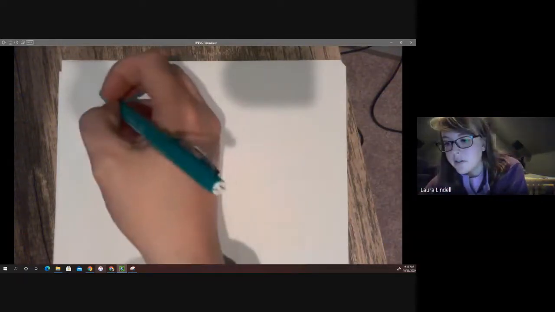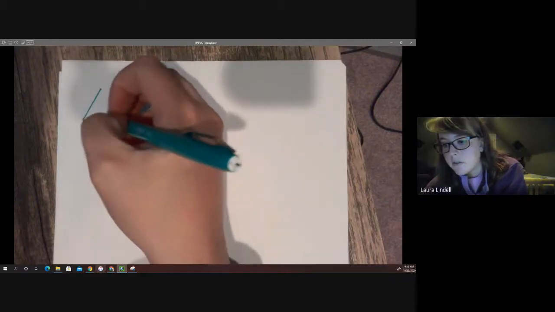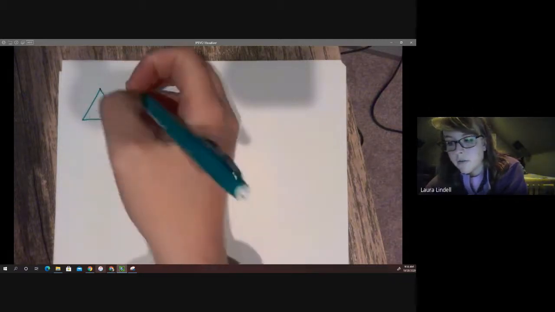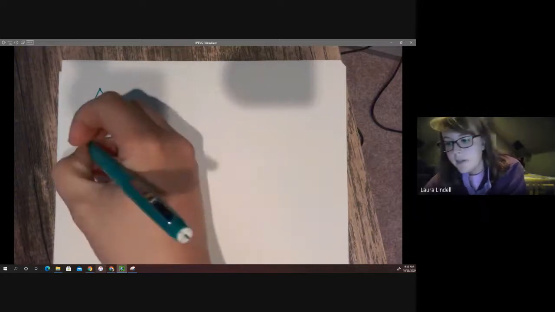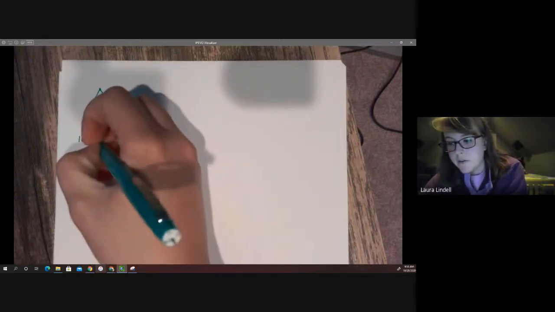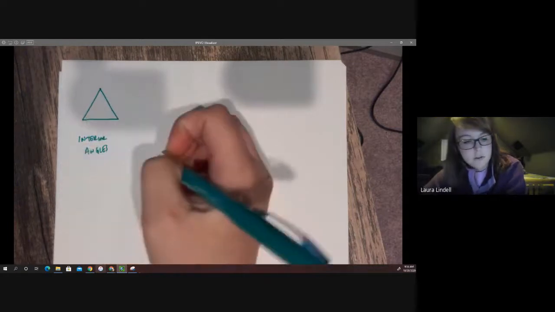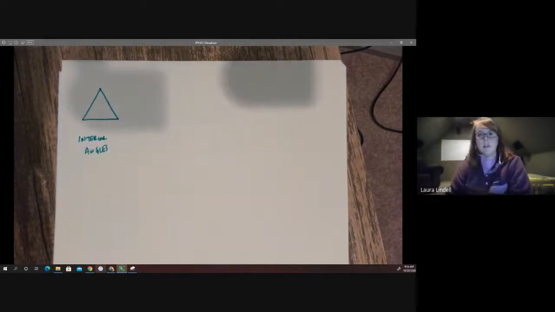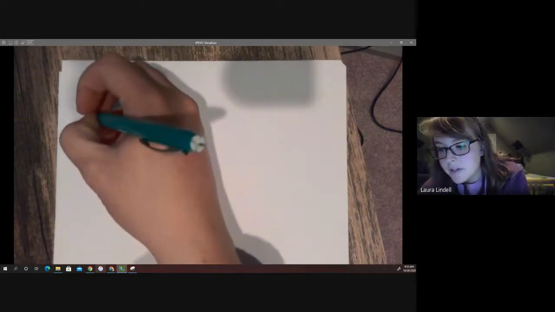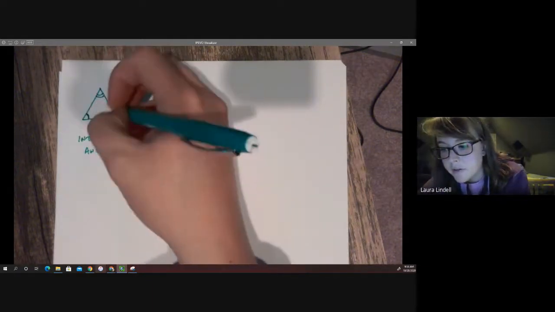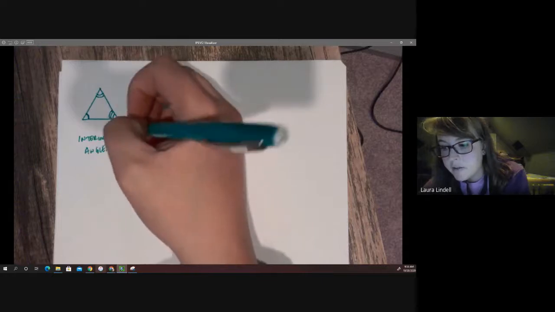So first, we're going to talk about interior angles, cleverly named. They are the angles that are inside the triangle. So this is an interior angle, this is an interior angle, and this is also an interior angle.